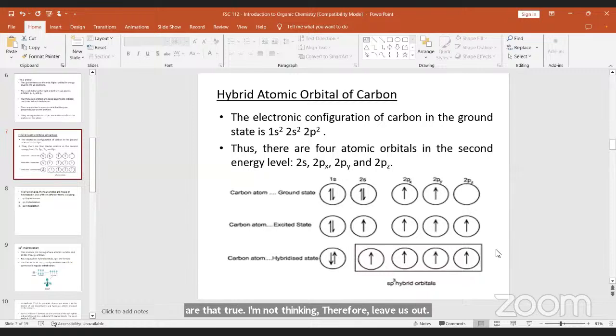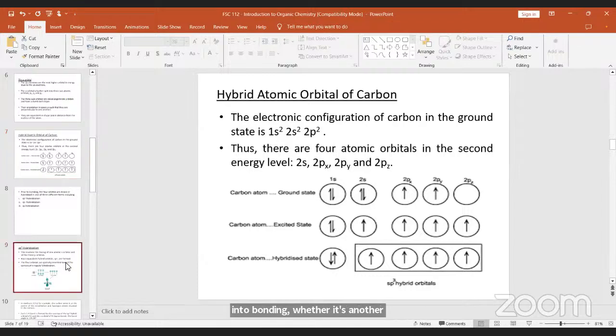But this unhybridized orbital, whether in sp2 or sp hybridization, also has implications for the chemistry of carbon, because they are not participating in the hybridization, and they bring another dimension to what carbon can do with itself when it goes into bonding, whether with another fellow carbon or even with another element.